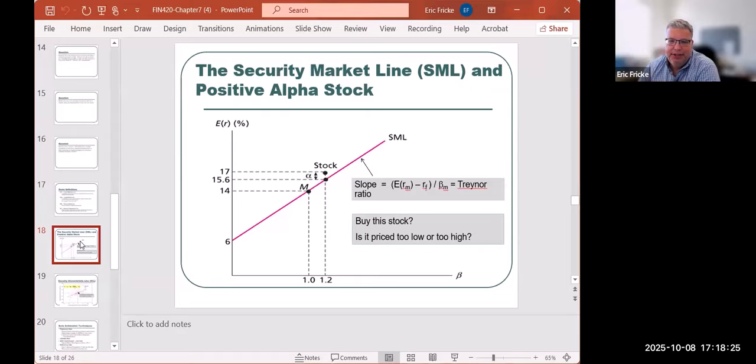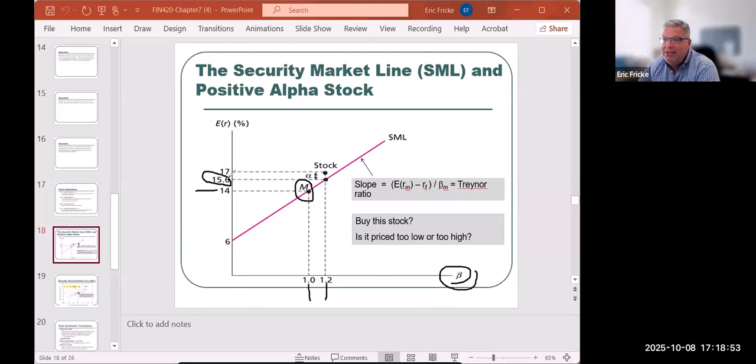So this is the security market line, right? And here we're replacing standard deviation with beta. If you had a beta of 1.0, that's the market. Here's M for the market, and that would be the market return. If you have a stock with a higher than 1.0 beta, you follow it up to this pink line, the SML, and it says that CAPM would predict a higher return of 15.6%.